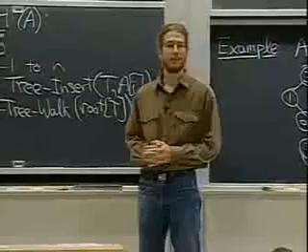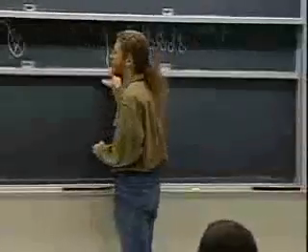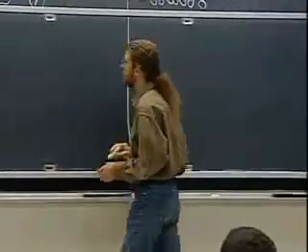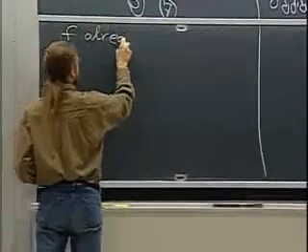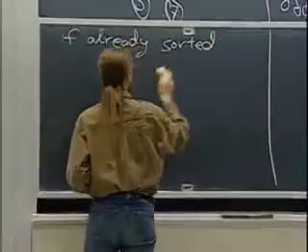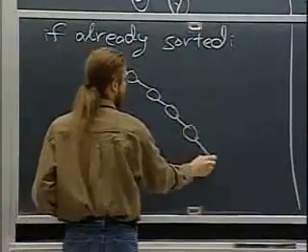It's already sorted. If it's already sorted, that would be pretty bad. So if it's already sorted, or if it's reverse sorted, you're in bad shape, because then you get a tree like this. This is the sorted case.